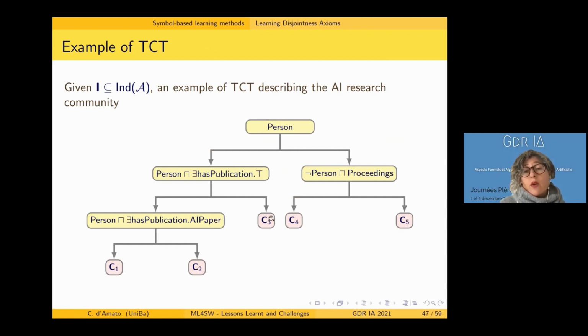Differently from the leaf nodes, we have inner nodes and the root node, and each one is represented by a description logic concept description. Individuals in C1 stand for positive examples of this concept description, while individuals in this cluster C2 stand for negative examples of this concept description, and similarly for the other cases.